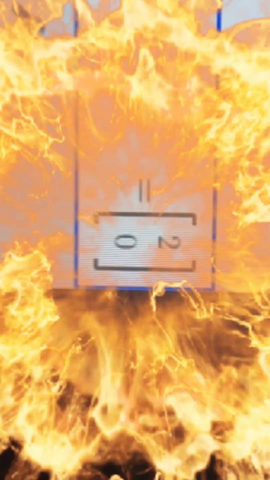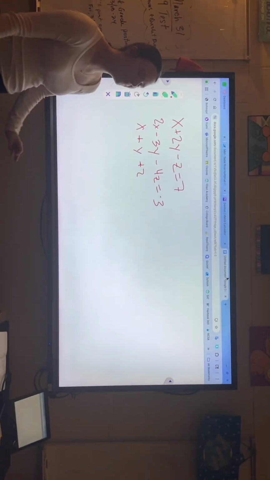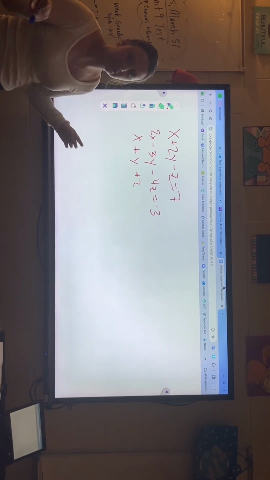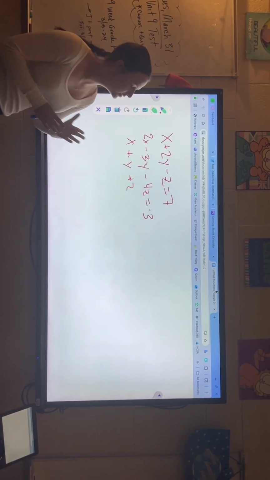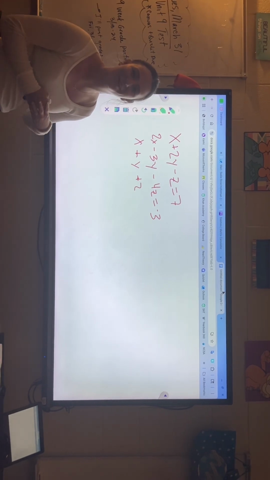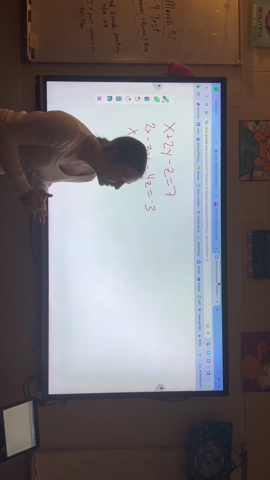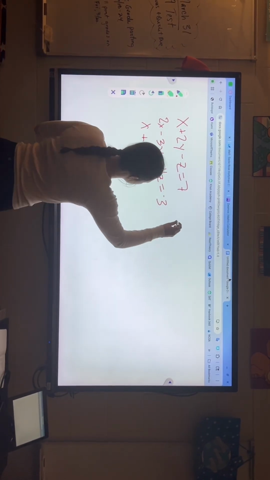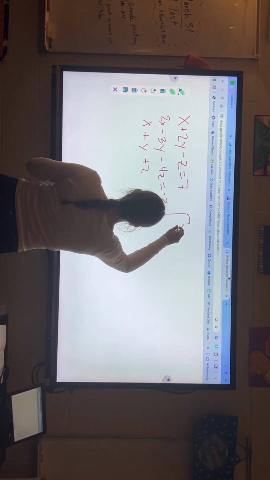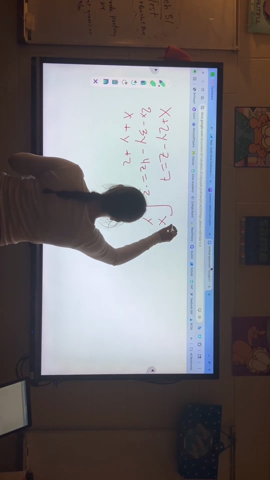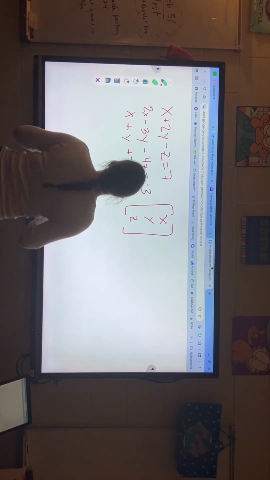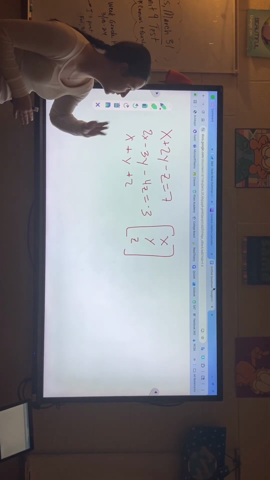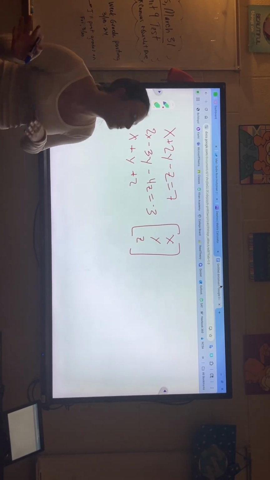One more question. This is our third problem, a 3 variable system. Our first thing to do, of course, is turn this system of equations into matrices. Since we have 3 variables, we're going to have X, Y, and Z. Our second matrix is going to be a 3 by 3 matrix, since we have 3 variables and 3 equations.